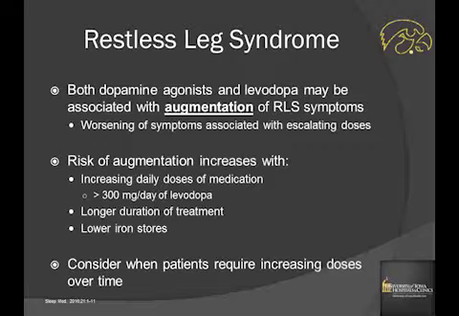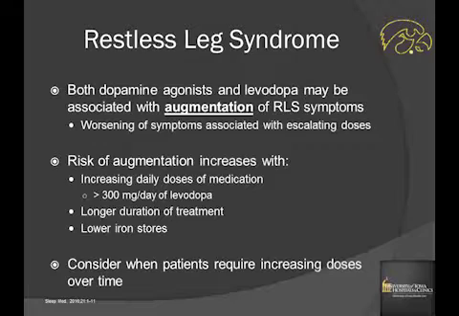The risk of this augmentation increases in a couple different situations: when patients are on larger doses of the medications, with one specific study showing doses greater than 300 milligrams of levodopa; if patients have been on treatment for longer periods of time; and if they're anemic or have lower iron stores. This certainly puts patients at risk of worsening symptoms of restless leg syndrome.